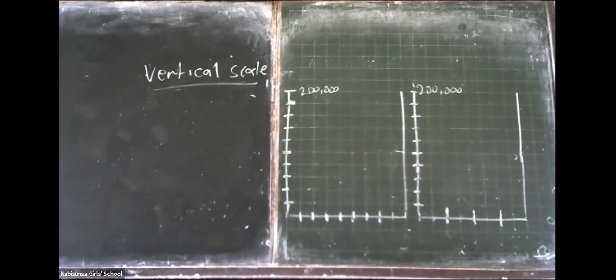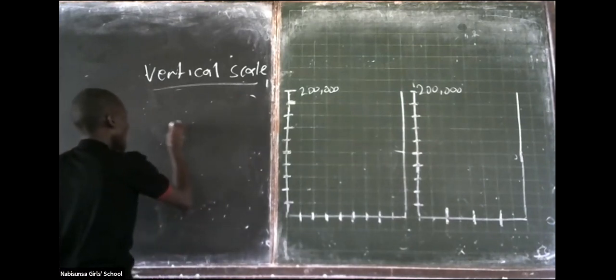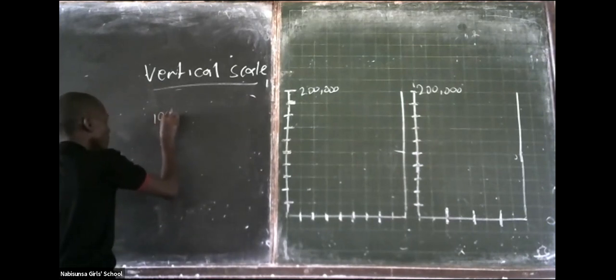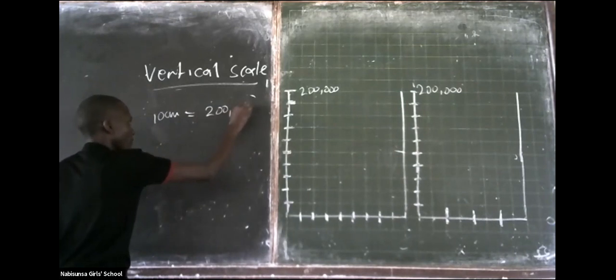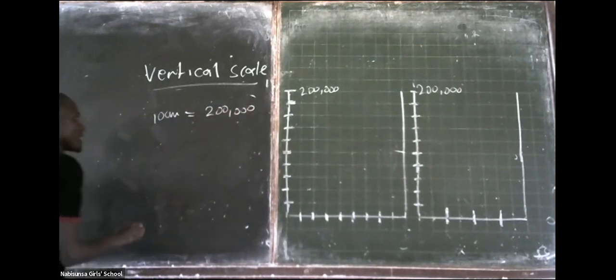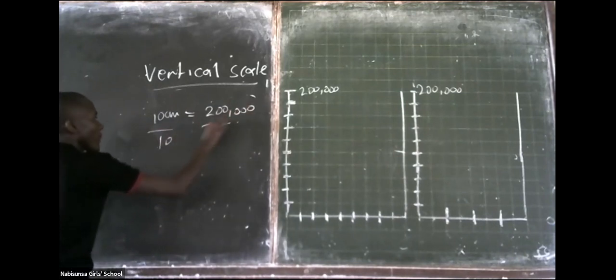When we divided it into 10, the next thing is, if on the 10th centimeter the level is of this amount, what's the level of the first part? What are we going to do?